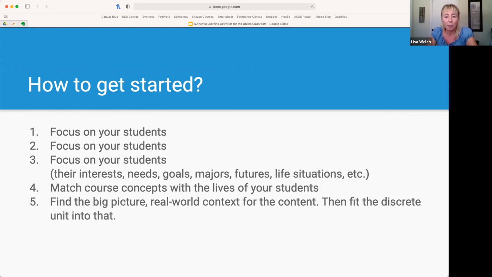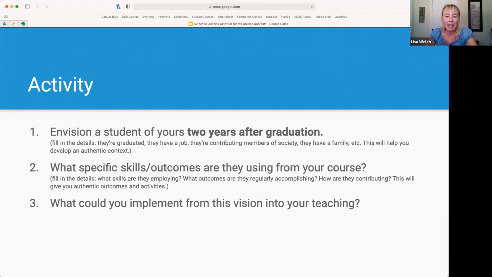So we're going to take probably about 3 to 5 minutes now on this next activity that I'd like us to take just a minute back to reflect. And I'd like you to think of the students in your classroom right now, and where they're going to be 2 years after graduation.